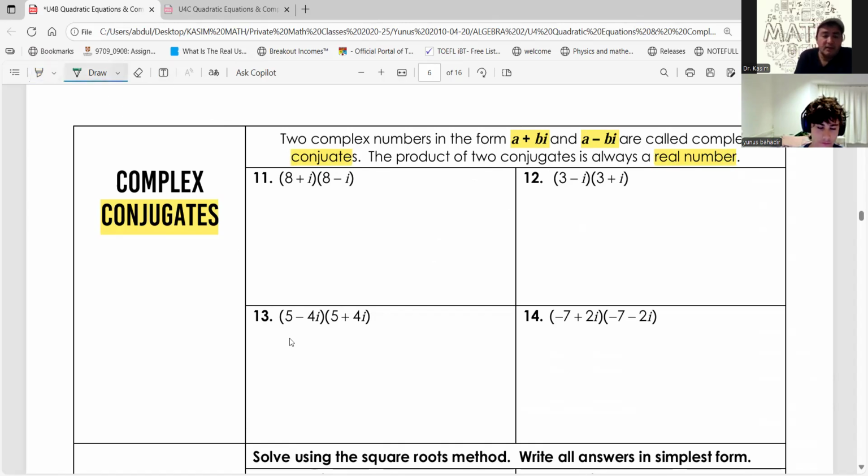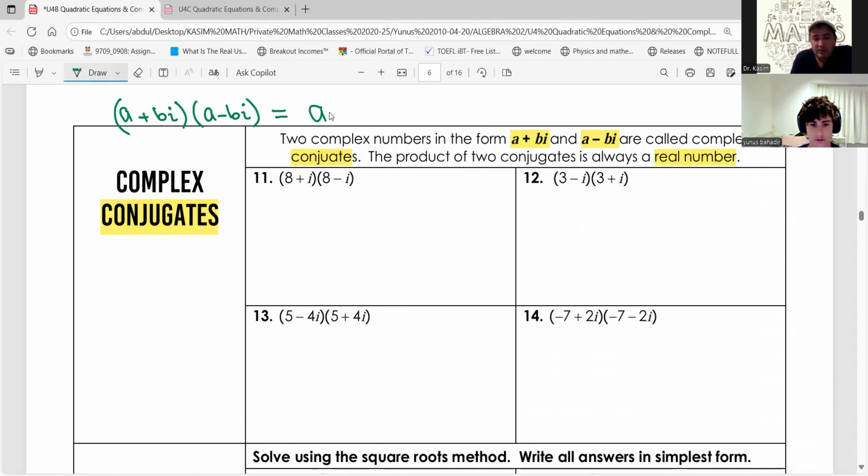Okay, now let's prove it. Why is it so? After that, we can use it immediately if we can remember. If you cannot remember, then just do it the long way. If you multiply these two conjugates, Yunus, the first one is a plus bi, and its complex conjugate is a minus bi. What is (a plus b) times (a minus b)? It's a squared minus b squared, right?